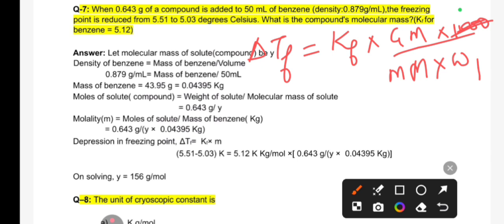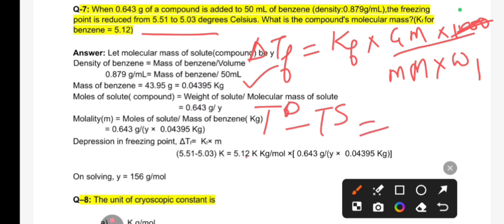Delta Tf is given, from 5.51 to 5.03, so delta Tf is equal to T naught minus Ts. The T naught value is given to you, minus 5.03. After calculation you will get delta Tf.